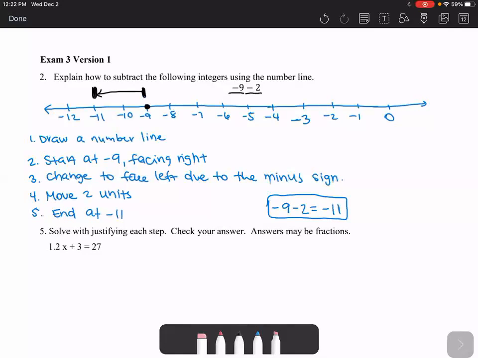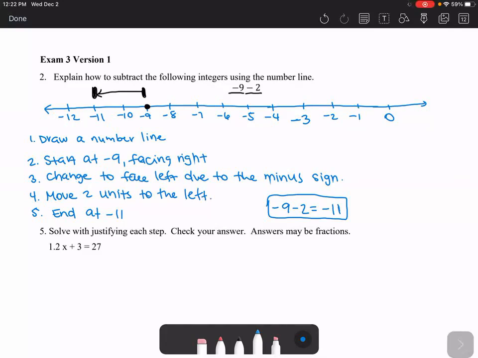Okay. Were there any questions over using this model for this question? On when you said move 2 units, is it not necessary to say move 2 units to the left because we're facing left already in the previous step?